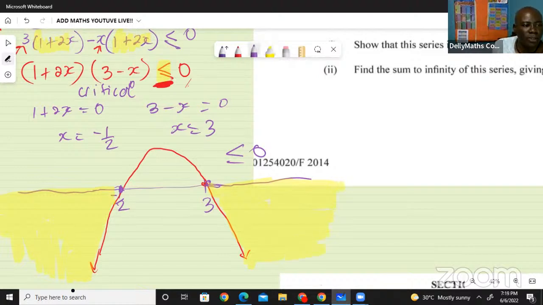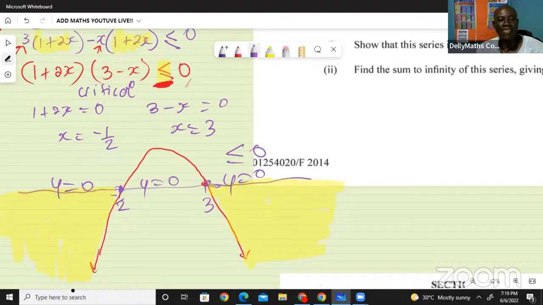Everybody would have known that this line is where y is 0. So we're looking at the yellow that I've shaded. We want to appreciate the fact that the curve is underneath the y equals 0 line there.